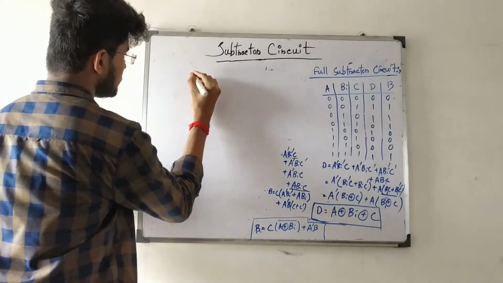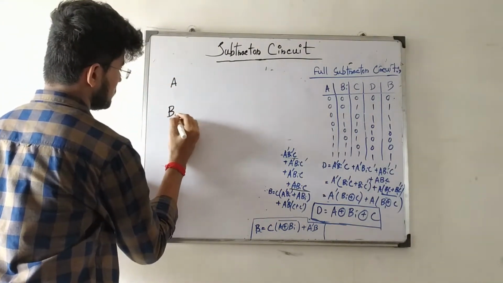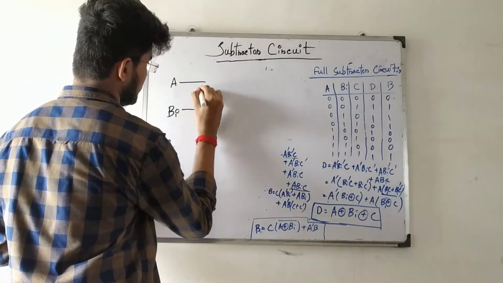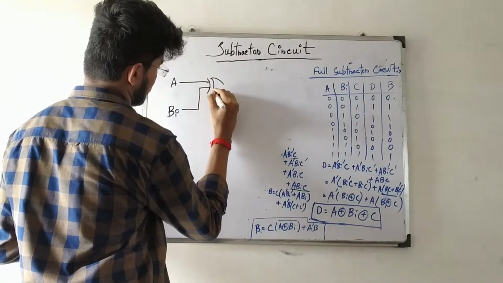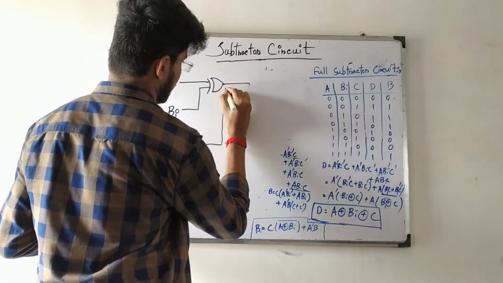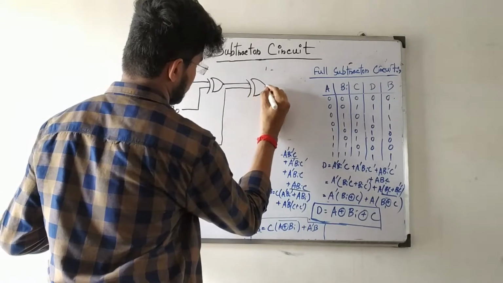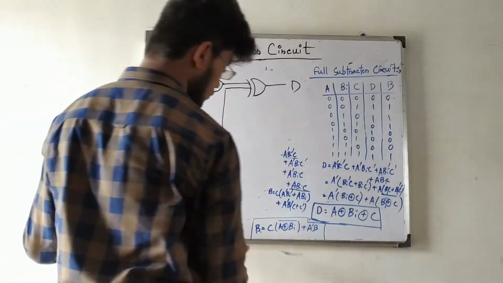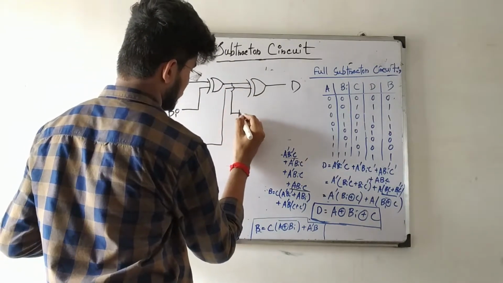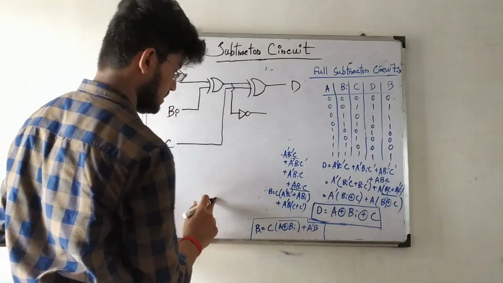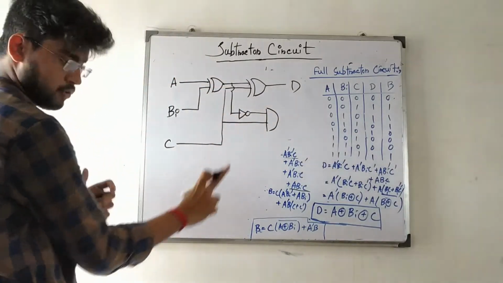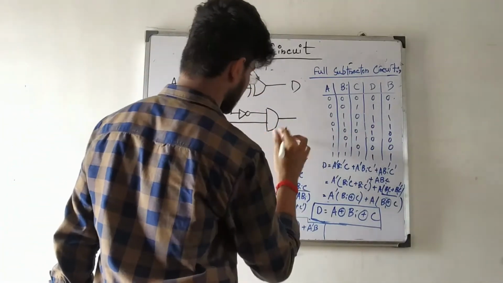We can see that this is A XOR B. So this is A, this is B, and this is C. So D is equal to A XOR B XOR C. This is A XOR B, and this is A XOR B XOR C. So this is D, and what is borrow? B is equal to C dot (A XOR B) whole bar, so this is A XOR B, its complement, and into C.